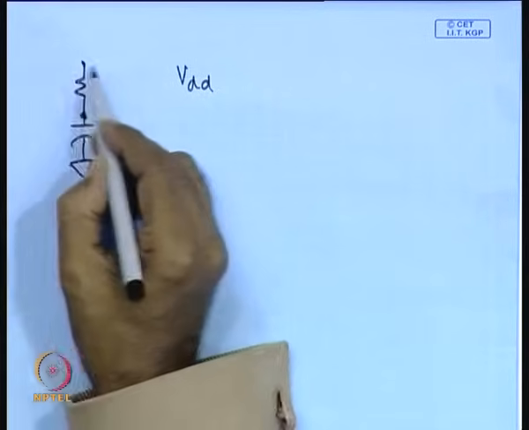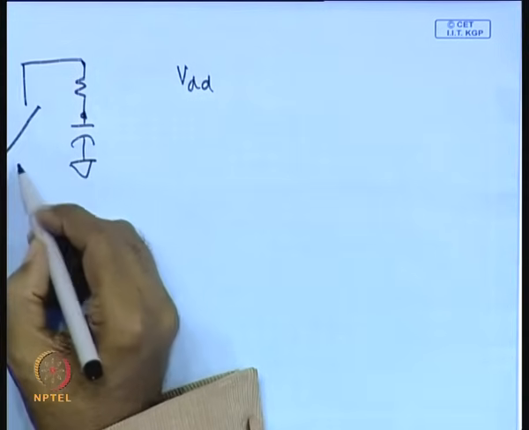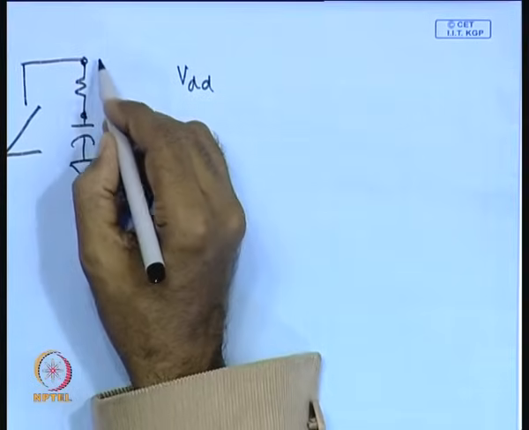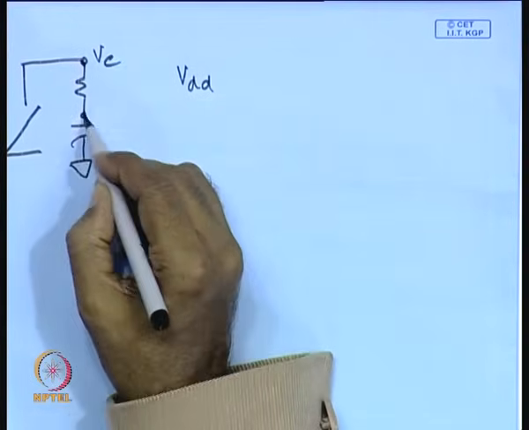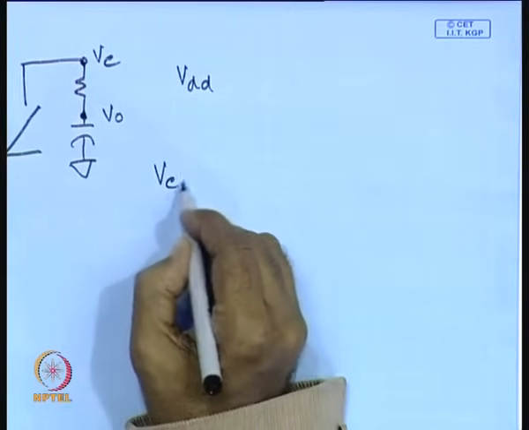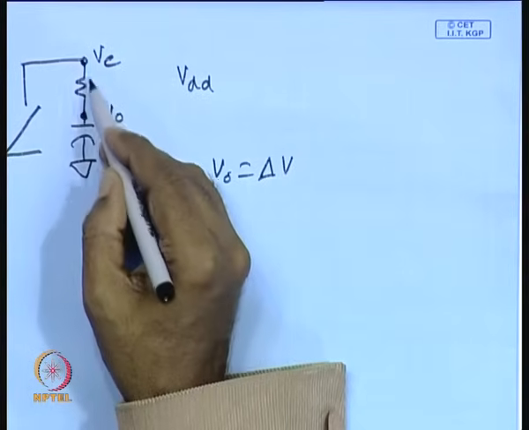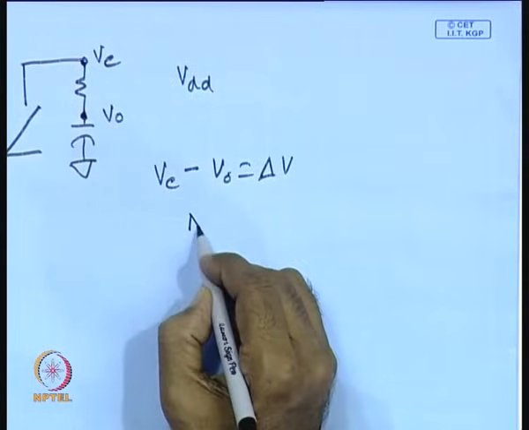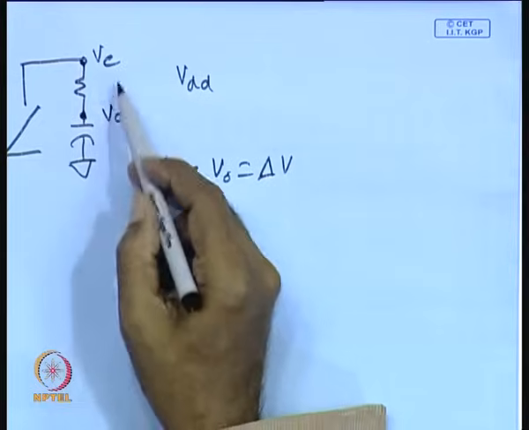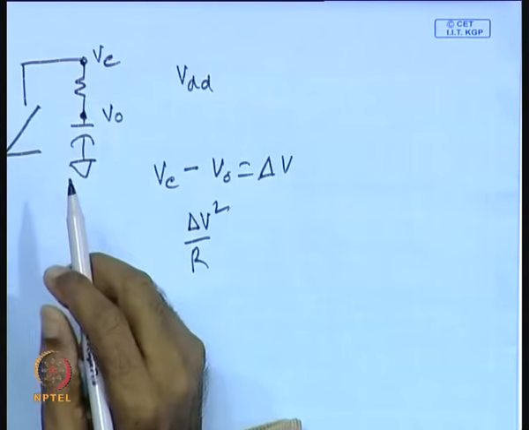Now, if we apply a voltage which is somewhat like this, say this is your V C and the voltage here is V O, and we can make this difference very small, that means V C minus V O is equal to delta V, which is very small, then the power dissipation across this will be delta V square by R. That means if we can make this difference voltage small, then very small power dissipation will take place.